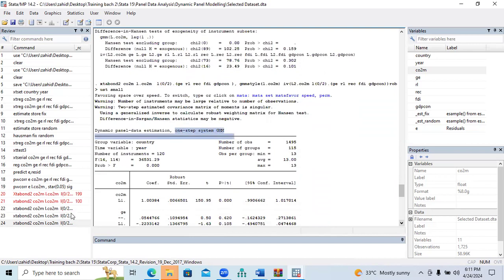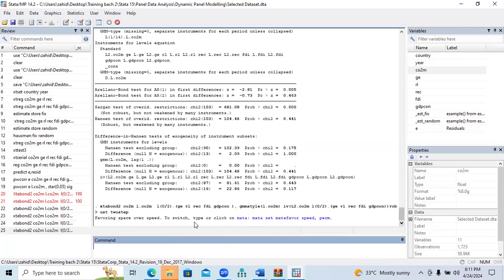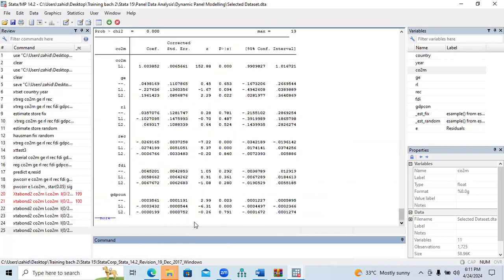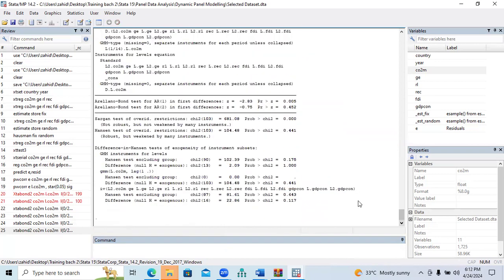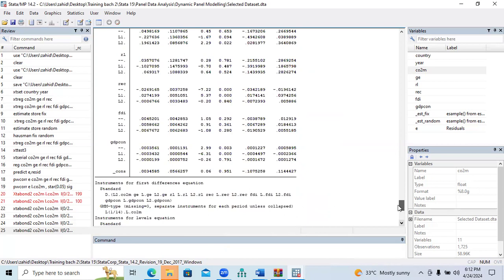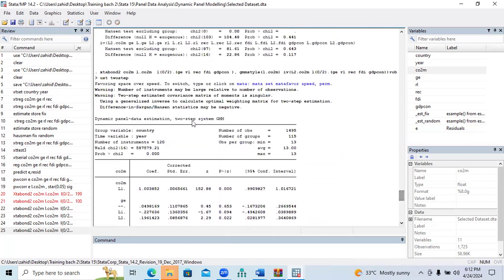Now, if I need to run the two-step GMM, what I need to do is replace the small with two steps, just two steps, and press enter, and it will run the two-step system GMM command. Now you can see here the two-step system GMM.